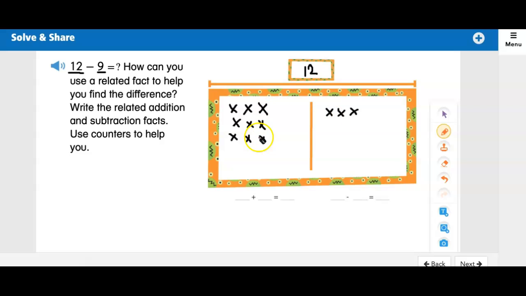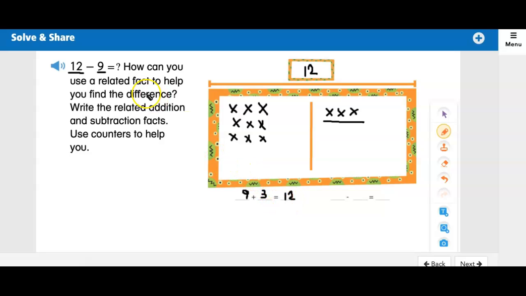To get from 9 to 12, we had to add these 3 counters, or these 3 X's. So on our addition equation at the bottom, we knew one of our parts was 9, and we knew our whole was 12. Well, our missing part, we said we had to count on 3 more. So our equation would be 9 plus 3 equals 12.